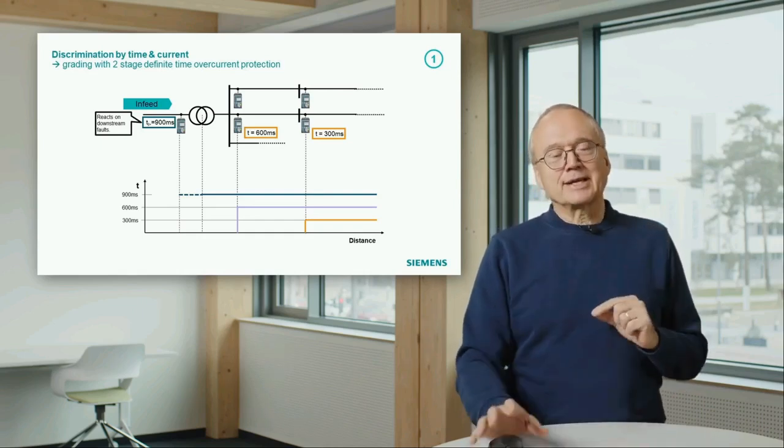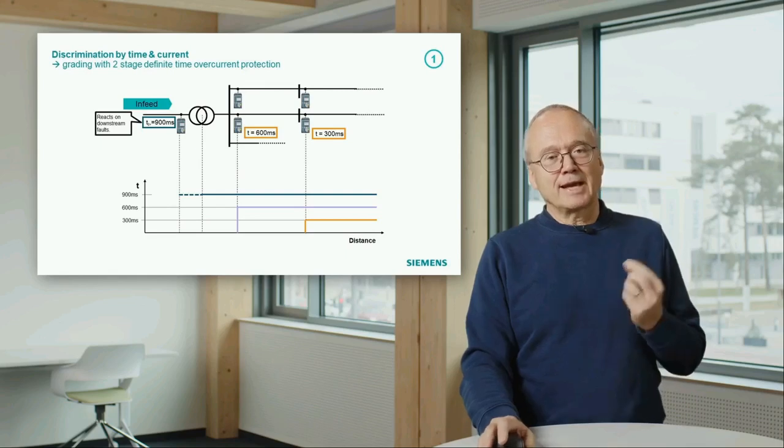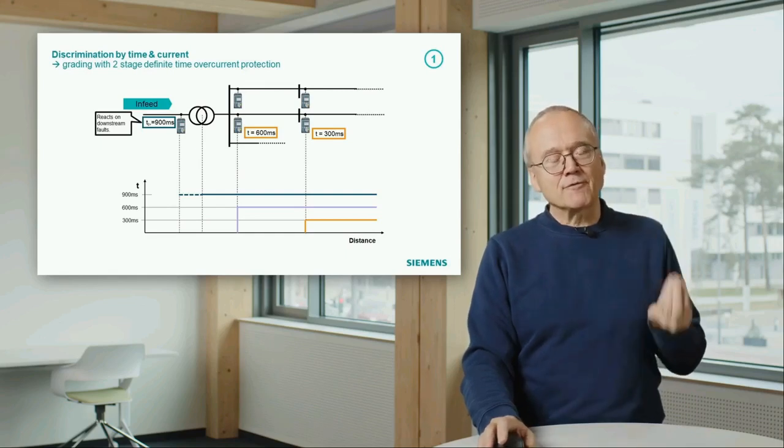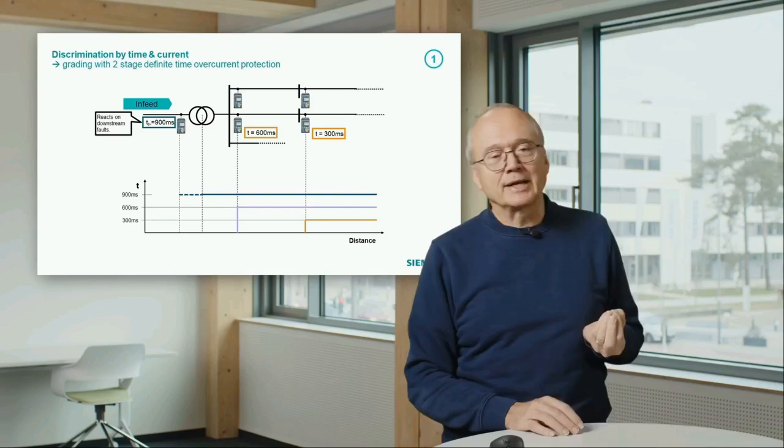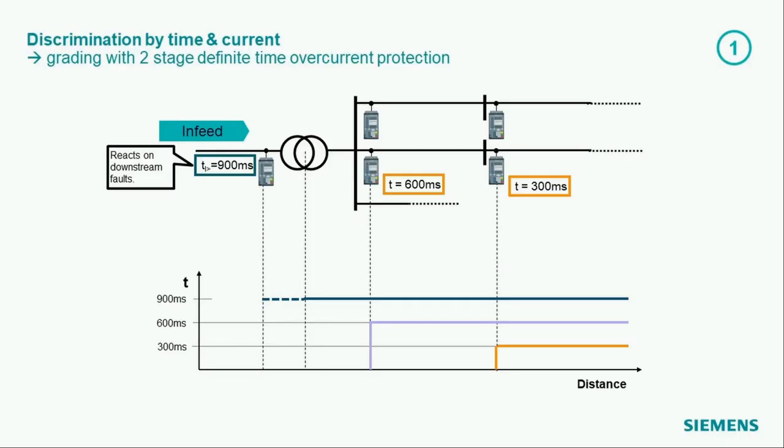And now we can take the current as a criterion and can say if this relay on the left side sees a current which is high enough, it knows that is not a short circuit on the medium voltage side of the transformer. It must be a short circuit on the high voltage side, and there is no need for a long time delay.